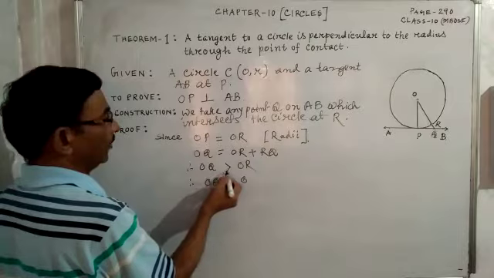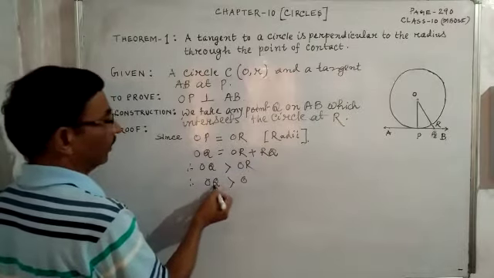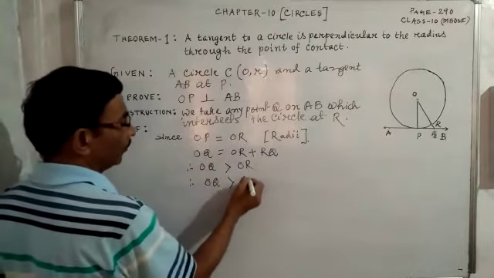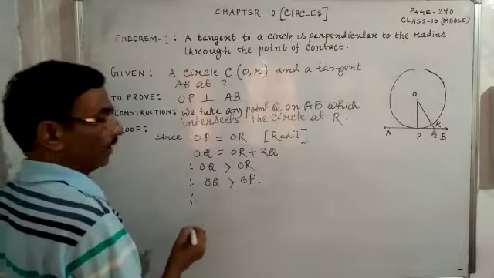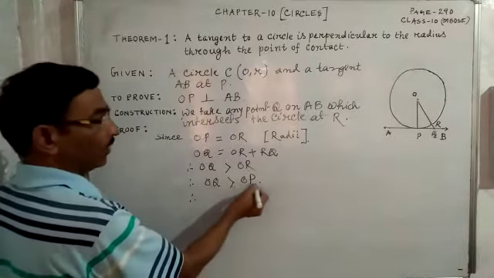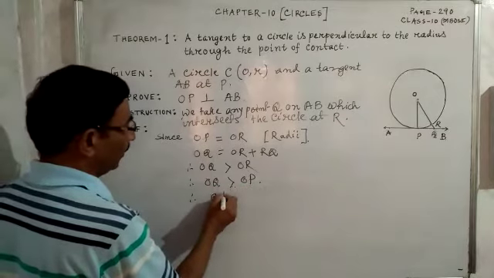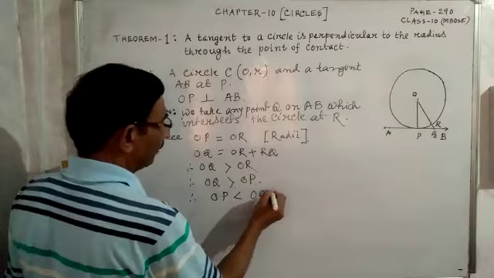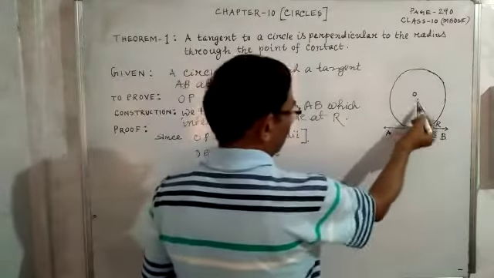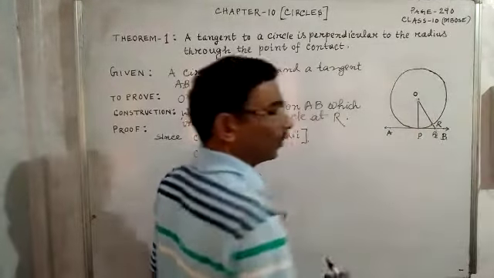So when OQ is greater than OR, that means OQ is also greater than OP. And oppositely we can say, when OQ is greater than OP, OP is smaller than OQ.